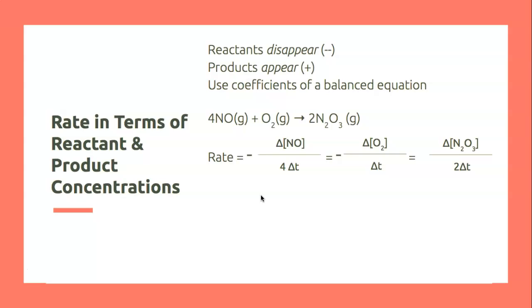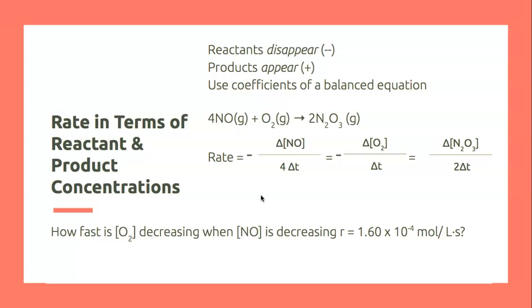We can use this information so that if we know, for example, an instantaneous rate of one of our reactants or products, we can determine the rate of appearance or disappearance of the other reactants and products. For example, using this equation, how fast is our concentration of oxygen decreasing when the concentration of nitrogen oxide is decreasing at a rate equal to 1.6 times 10 to the negative 4th moles per liter times second?